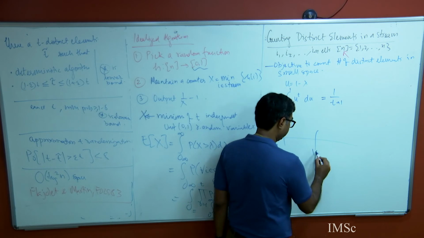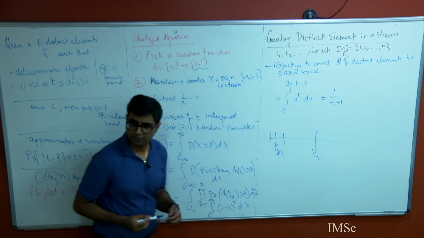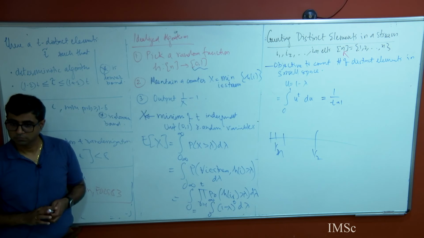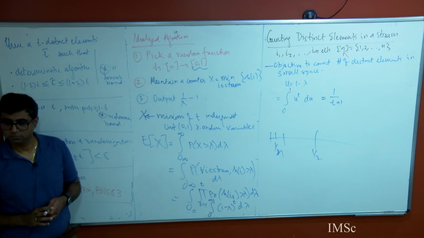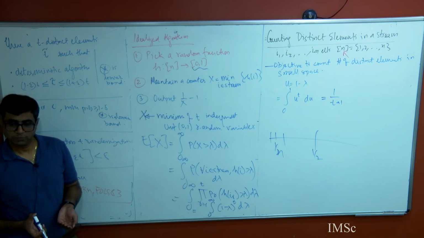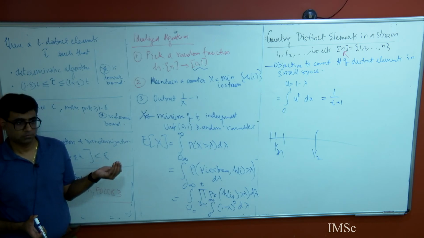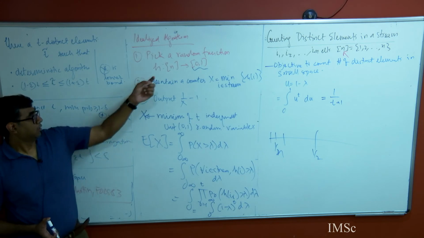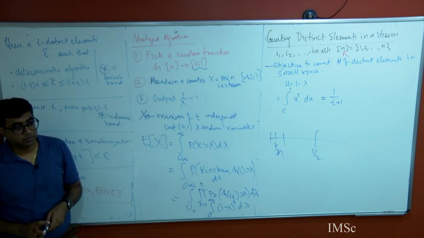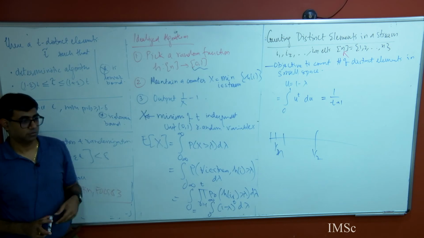It is going to be half. That's perfectly fine, no? Now you see why this algorithm works?